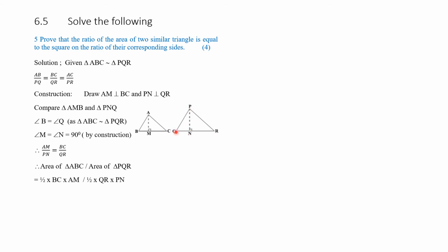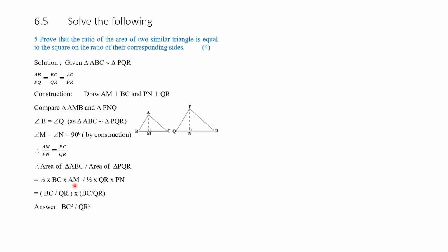Therefore, ABC divided by PQR is half BC into AM divided by half QR into PN. Therefore, BC by QR into BC by QR. Therefore, this is BC square by QR square.